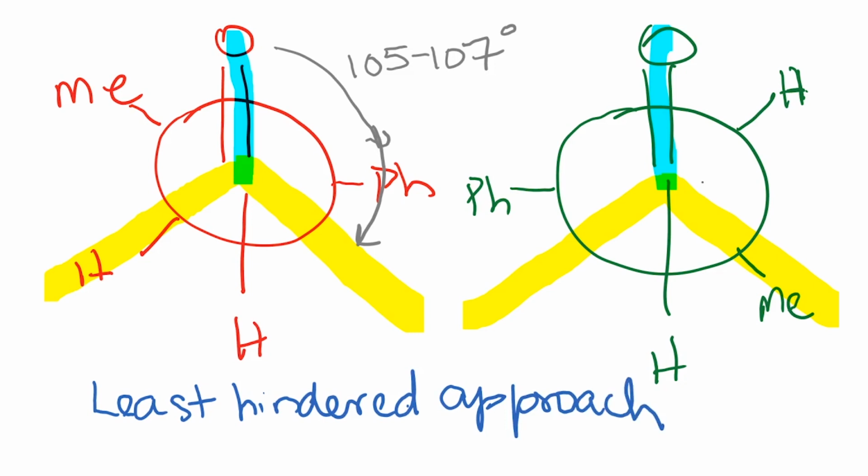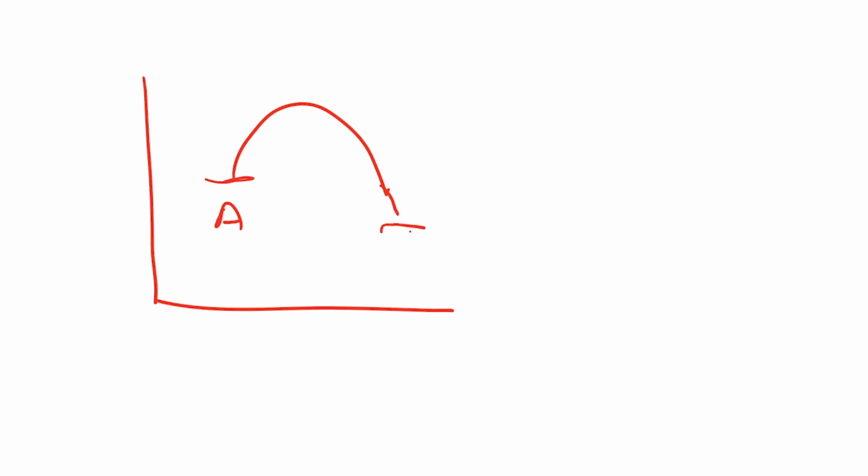Just to put this in perspective, let's look at the reaction profile. Let's say A goes to B. Here is the transition state. So energy, reaction coordinate.